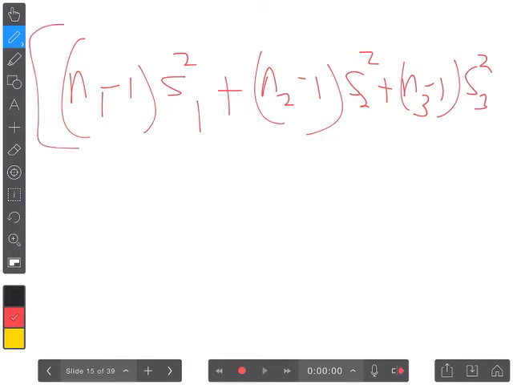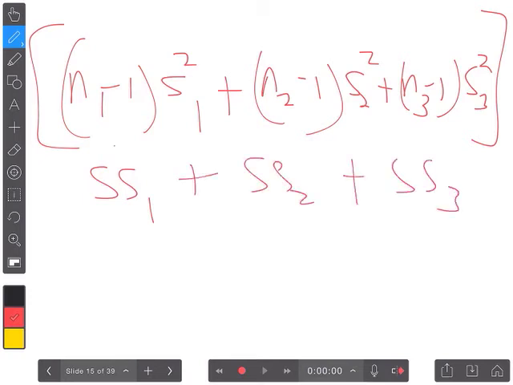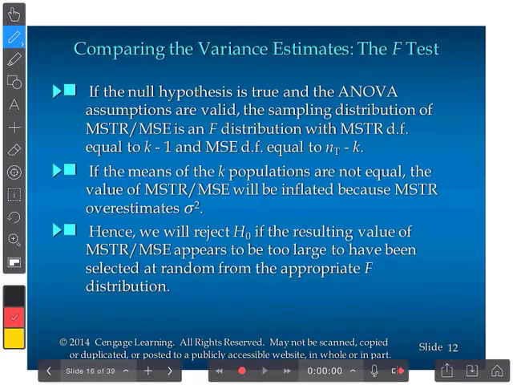So basically, adding all of those up will give me the sum of squares from treatment 1, sum of squares from treatment 2, sum of squares from treatment 3. If I add all of those up, essentially I'm getting the sum of squares due to within treatments. So MSW, right? Sum of squares within treatments. Let me see how we refer to it here.